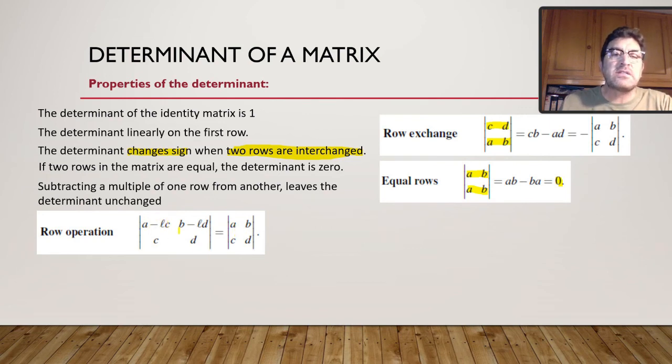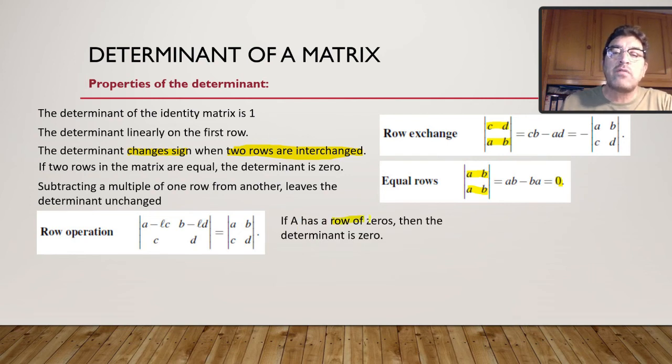It is that multiplied by D minus that multiplied by B minus LD. And you'll see that it remains AD minus BC, because the LC and the LD take care of one another when you subtract and add them.